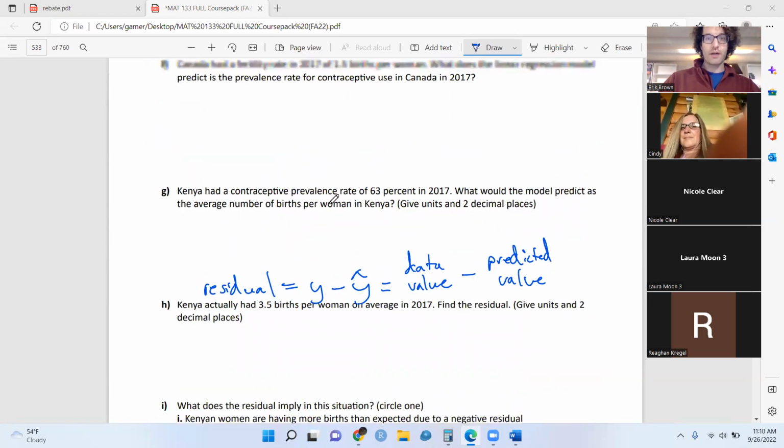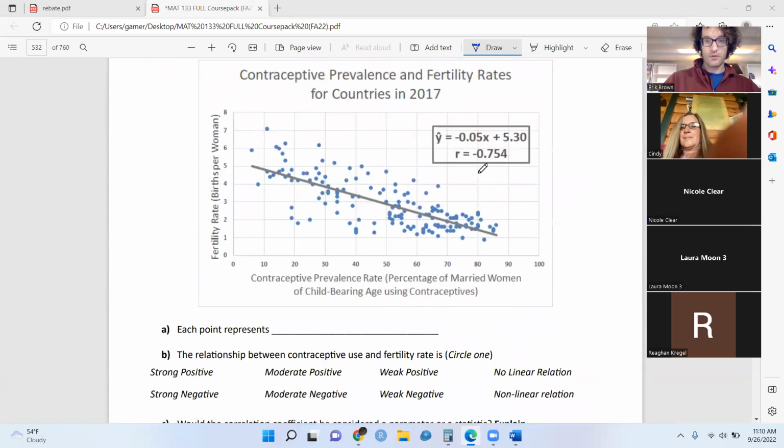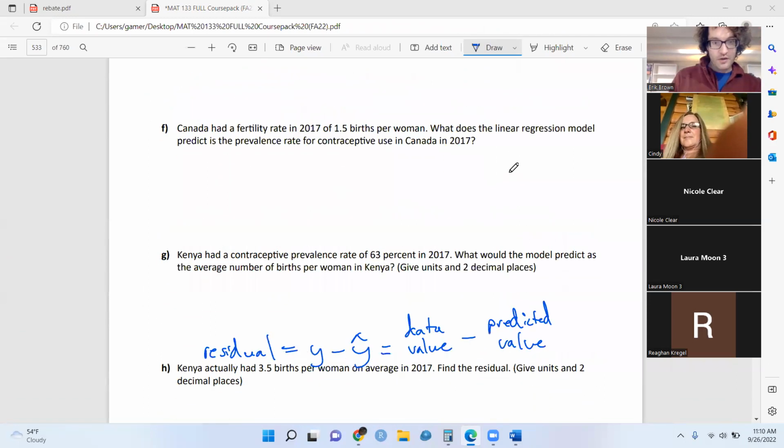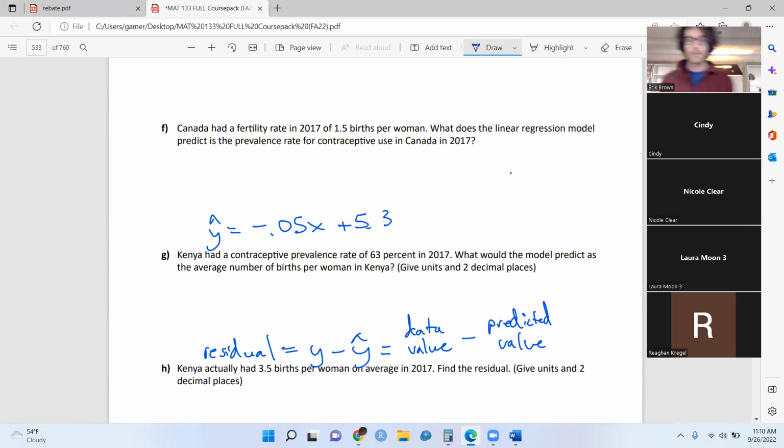Okay, let's do a quick reminder of how we did G, because we need G's answer for whatever letter comes after G. So the equation here was y hat equals negative 0.05x plus 5.3.